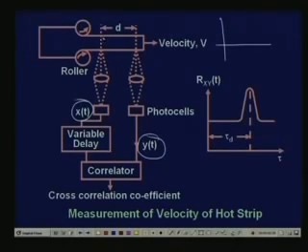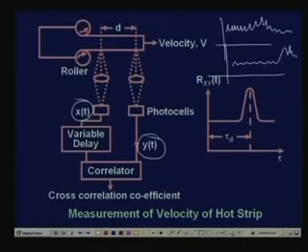Now this radiation pattern will probably be varying like this. Now, the radiation sensed by these two signals is going to be delayed.